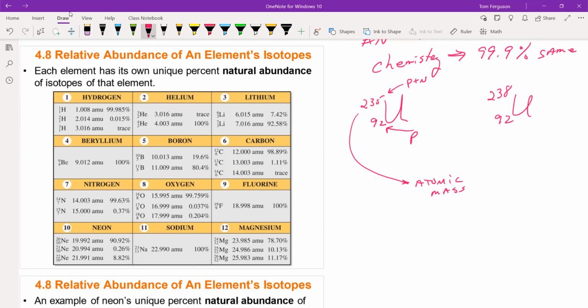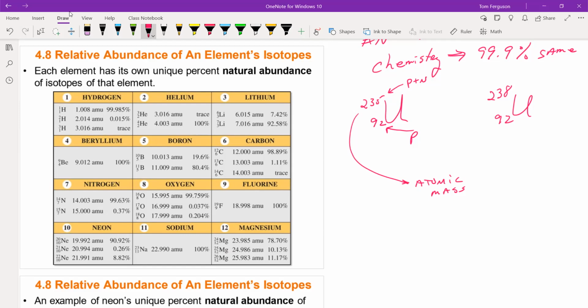Now, if we took all the uranium in the world and tried to figure out an atomic mass that represents all of the isotopes, you're going to get something called a weighted average. And that's based on the percent of prevalence.